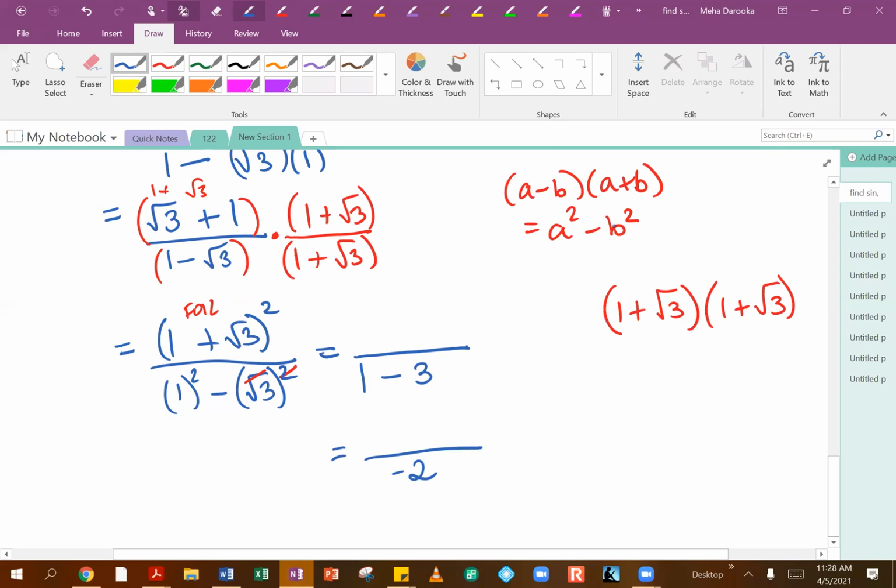Okay, let's see, Abdul Aziz, you've got 4 plus 2 times square root of 3 for the FOIL. All right, let's check that. So, of course, 1 times 1 is going to be 1. 1 times square root of 3. Same thing here, 1 times square root of 3. And then the last term will be square root of 3 multiplied into itself.